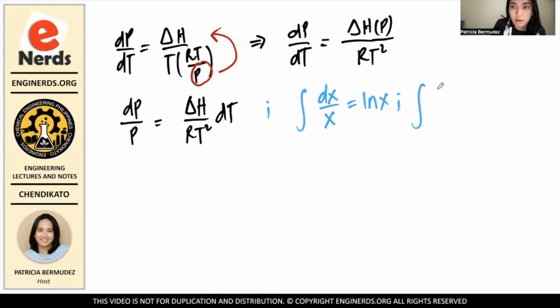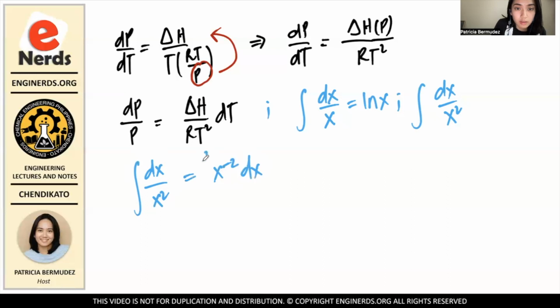Likewise, the integral of dx over x squared, we have to simplify this here. The integral of dx over x squared is actually equal to x raised to negative 2 dx, right? And we know that when you have this kind of differential, the rule of calculus is you add 1 to the exponent, and we put that new exponent in the denominator as well.